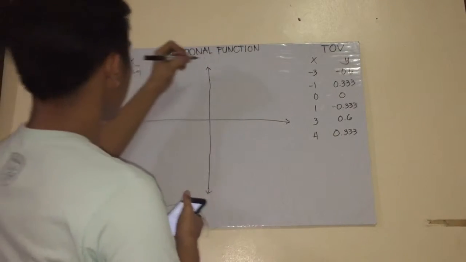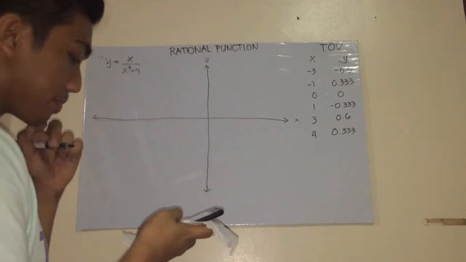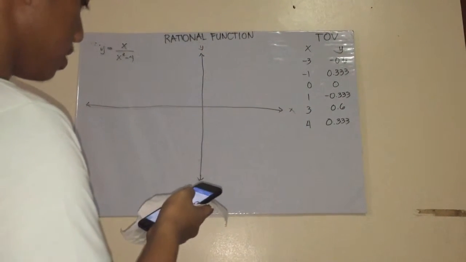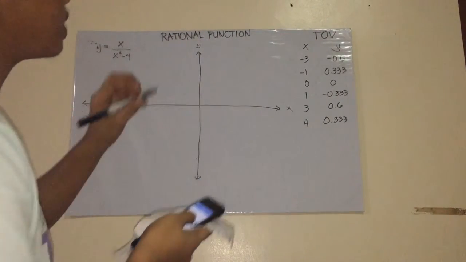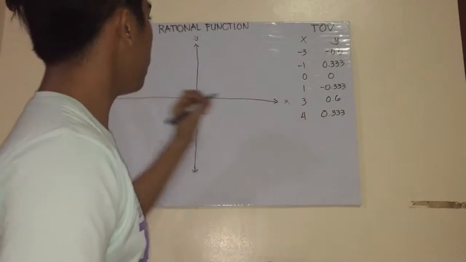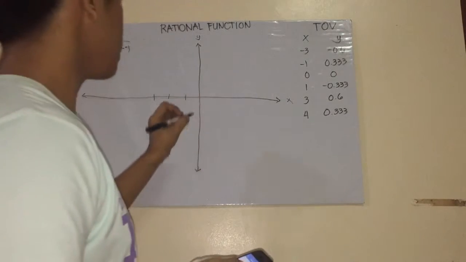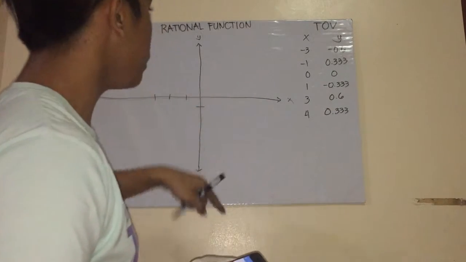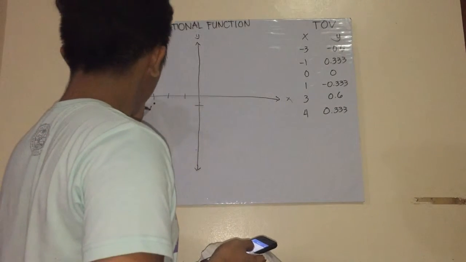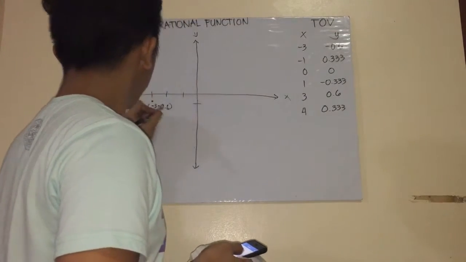So this is y and this is x. So una, ang una natin value is negative 3 sa negative 0.6. So x for negative 3, 1, 2, 3. And 0.6, nandito siya sa baba kasi negative. Then banda dito.